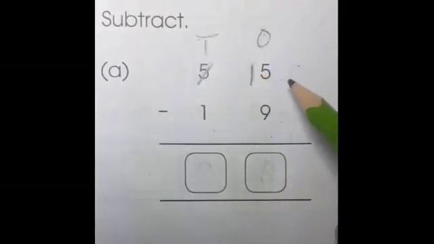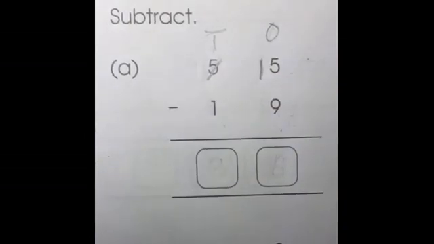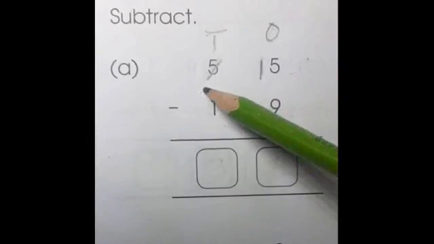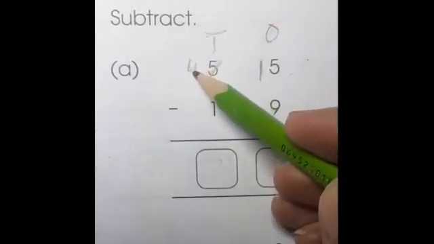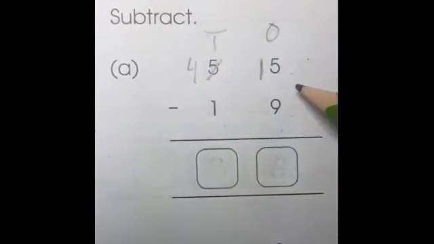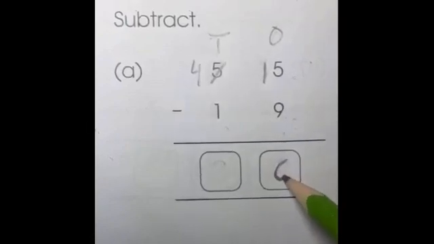Okay? Now it becomes 15 and it becomes 4. Now you can see the top digit is greater than the bottom digit, so you can take away 9 from 15. 15 minus 9 is 6.